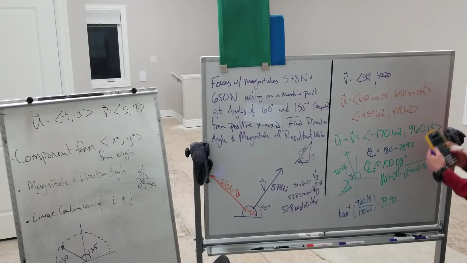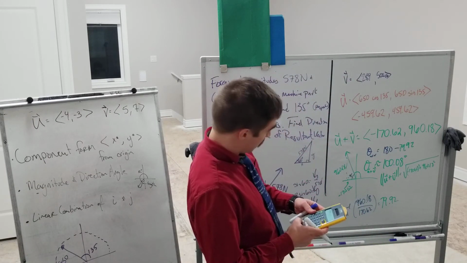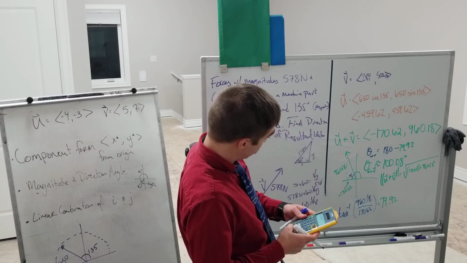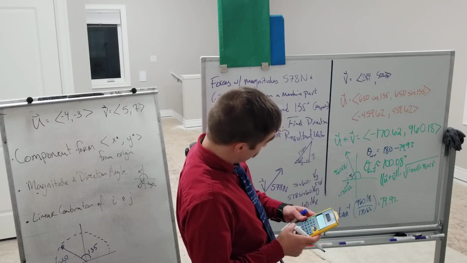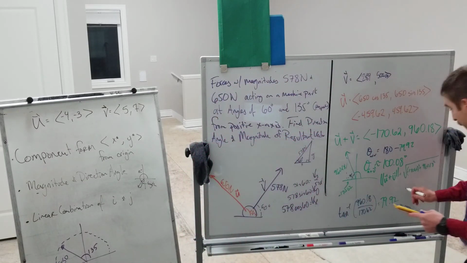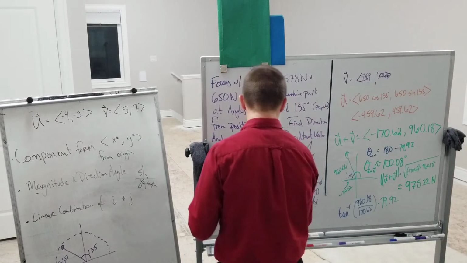Just going to put that in the old calculator here and hang with me. 170.62 squared plus 960.18 squared. And we get about 975. And that's going to be 975.22 newtons because our magnitudes are in newtons.